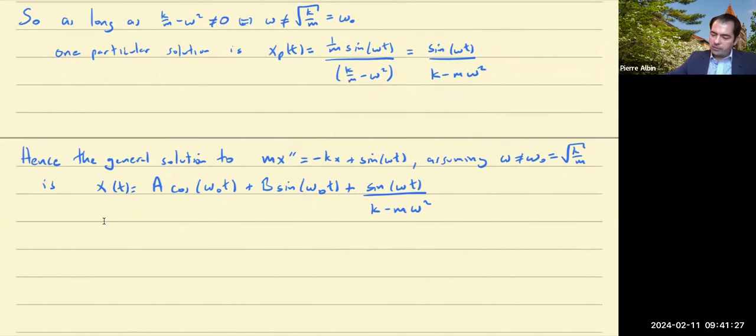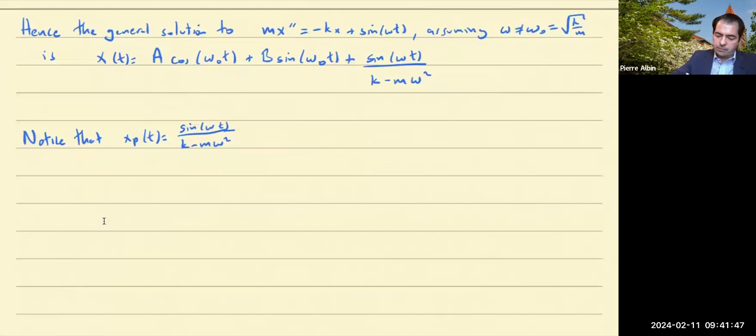Okay, so let's think some more about this particular solution. x_p(t) equals sine omega t divided by k minus m omega squared. First notice that this has positive amplitude for omega squared small.